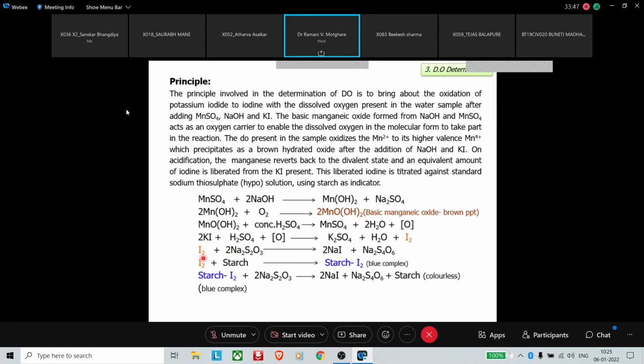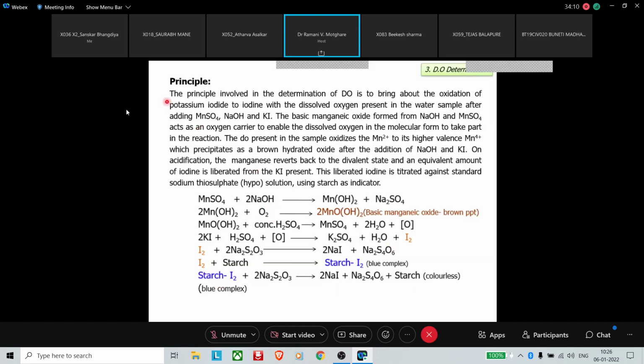If I2 is consumed in a reaction, that sort of reaction is termed as iodometric titration. Here we determine the iodine using sodium thiosulfate, which forms sodium tetrathionate, and finally we use starch as an indicator.